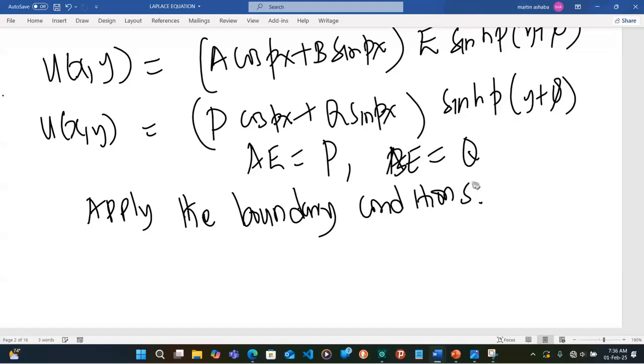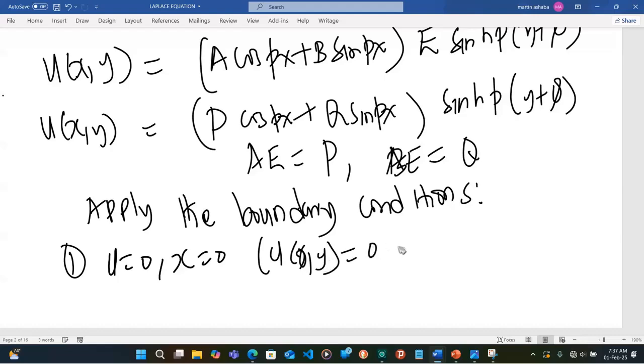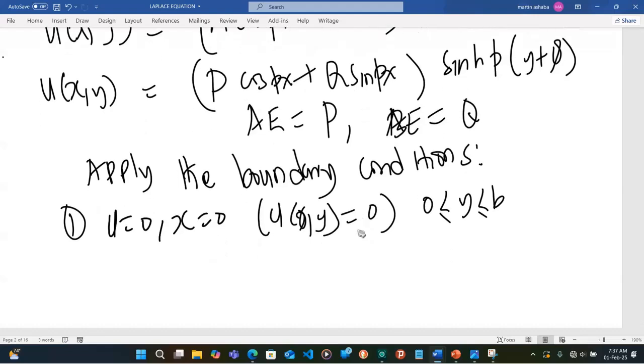So the first boundary condition, remember we said that u is equal to 0 when x is equal to 0. So we say u(0,y) will become 0, for 0 less than y less than b. So what does that call us to do? We are going to substitute x is equal to 0 here.